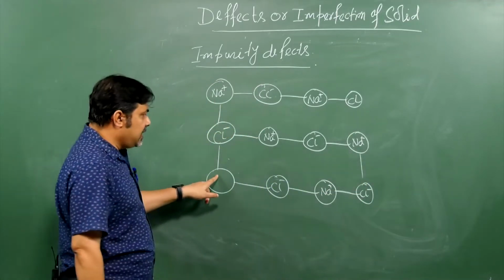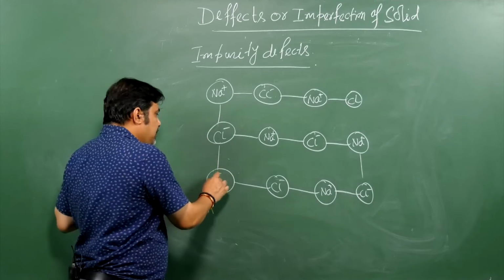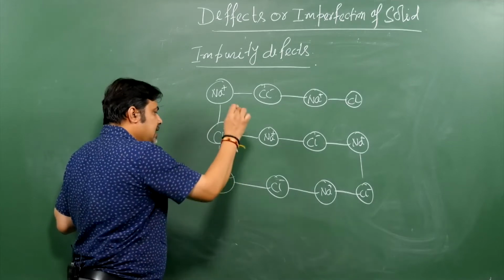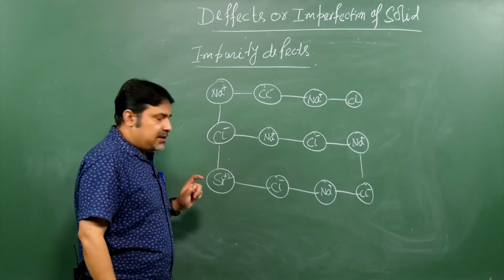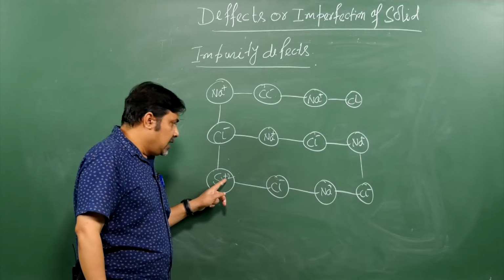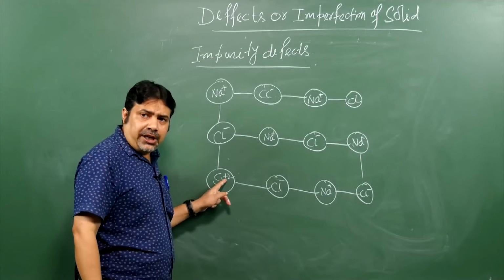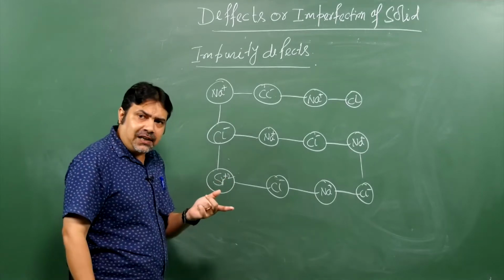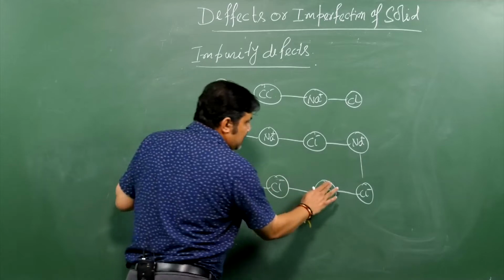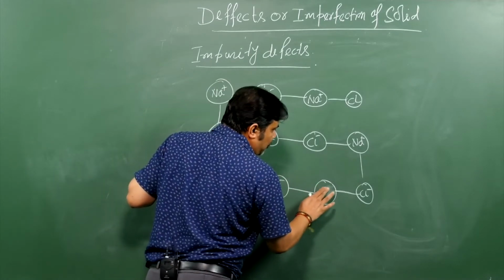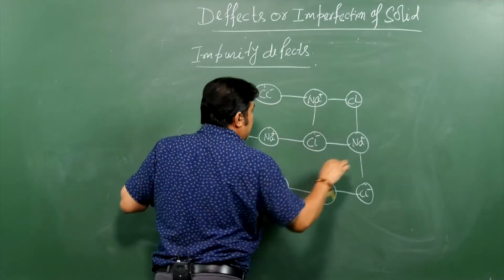Now look at this: instead of Na plus, maybe strontium is taking the positions of Na plus. Then one unit of positive charge will be more. So one sodium ion will be knocked out from here itself. You will get this type of structure.